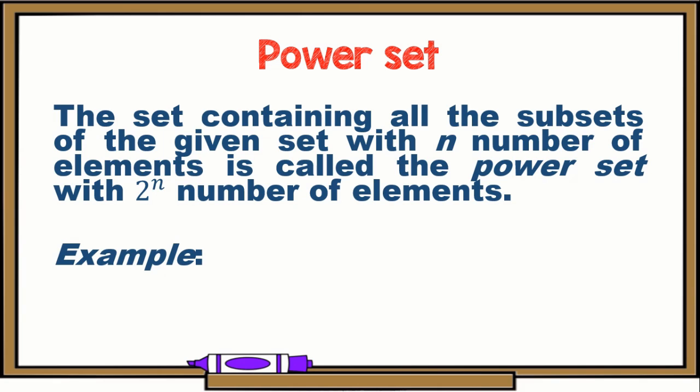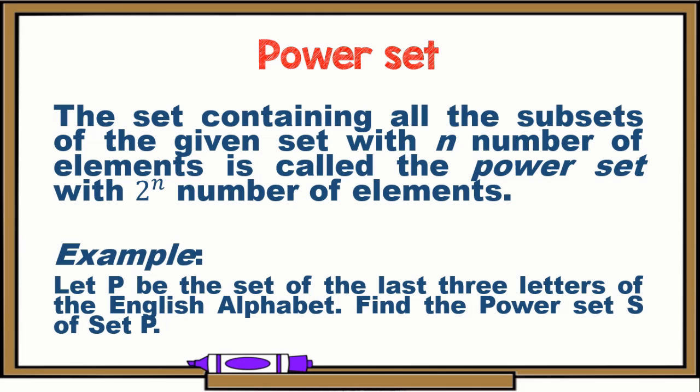Let's look at this example. Let P be the set of the last 3 letters of the English alphabet. Find the power set S of set P. Okay. So, we are going to find the power set S of set P.